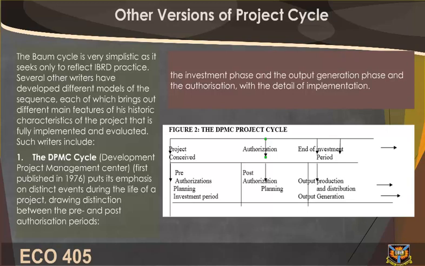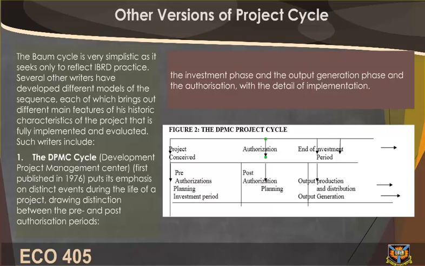The BOM's cycle is very simplistic, as it seeks only to reflect IBRD practice. Several other writers have developed different models of the sequence, each of which brings out different main features of the project cycle. Such writers include: 1.